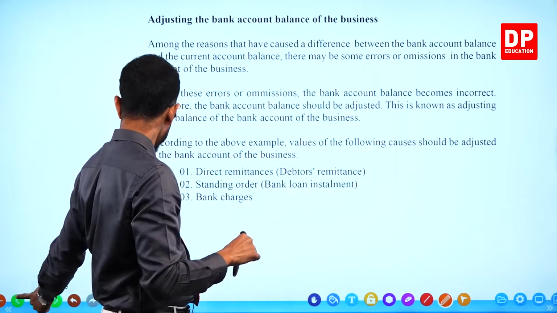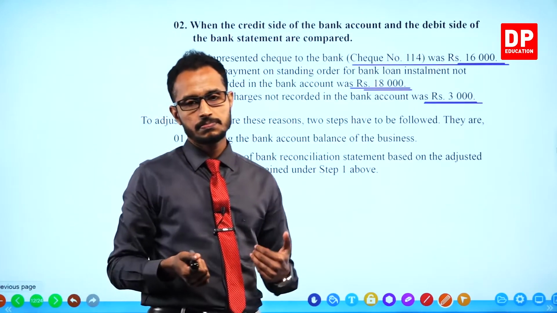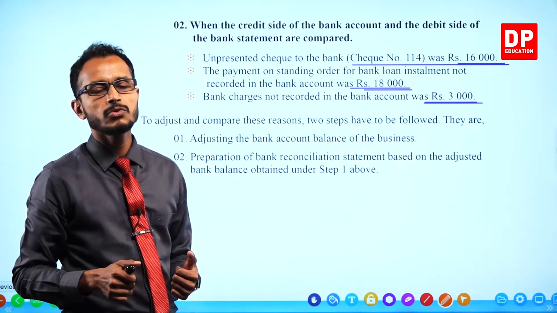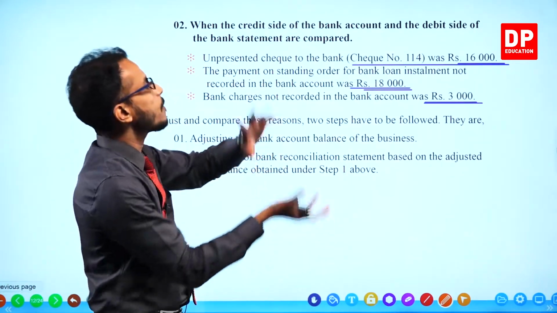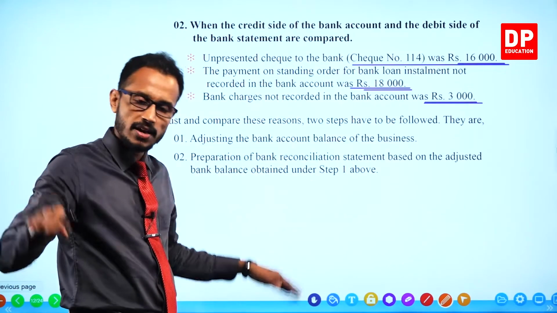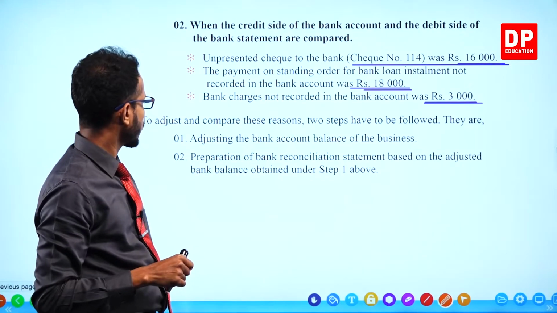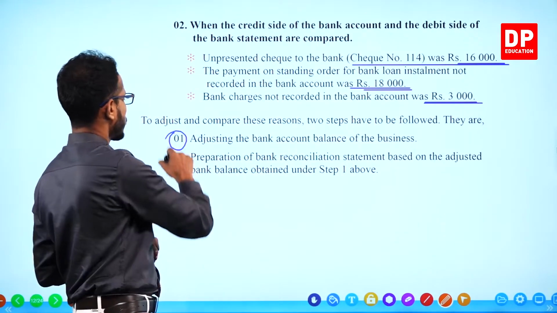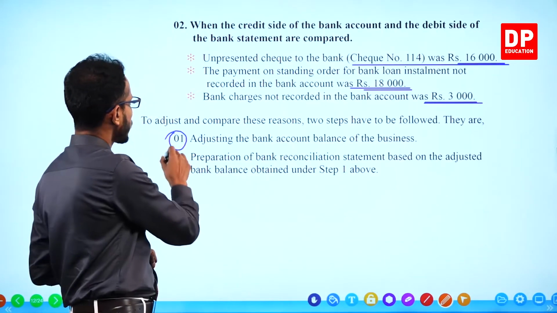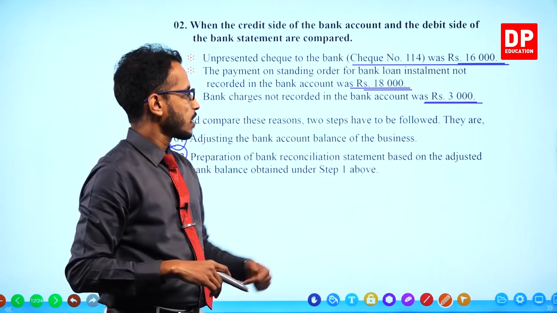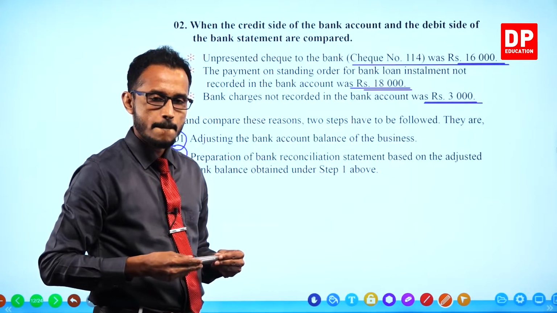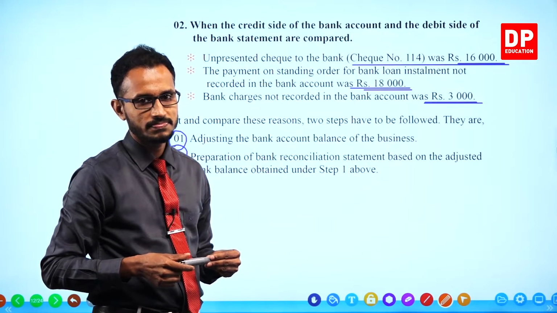We have to correct our side first. That means we have to enter those missing items into our bank account and correct our bank account. Okay, that is the first step. Then we will reconcile that balance with the statement balance.